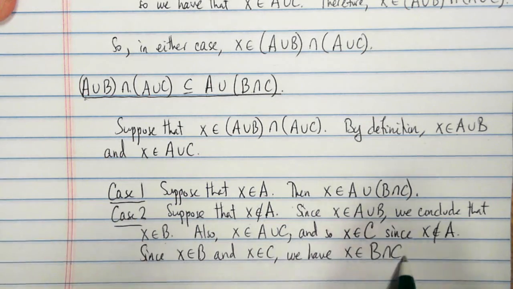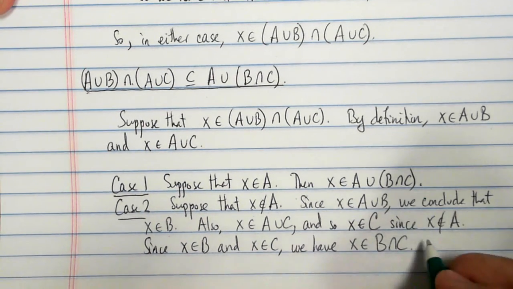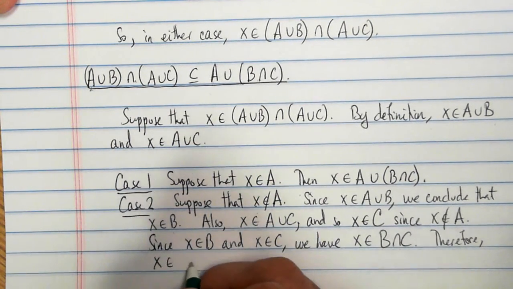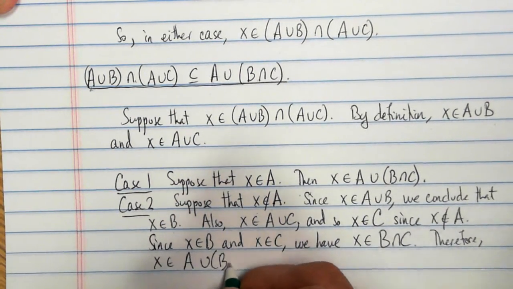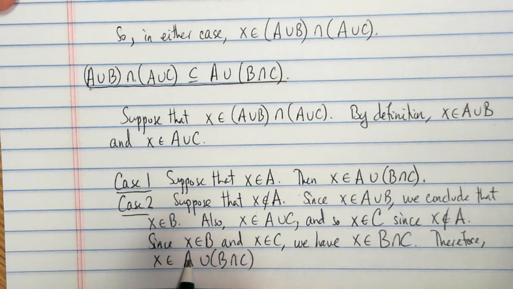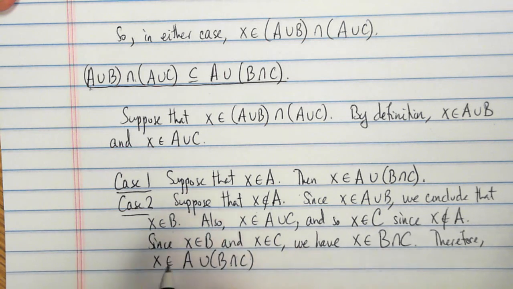So I can take the union of this with anything else, and X will still be part of it. So therefore, X will be in A union (B intersect C). I know it's in this set, and therefore if I take the union with anything, it will still be in that set.